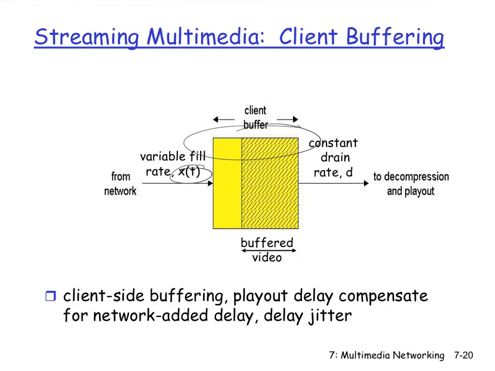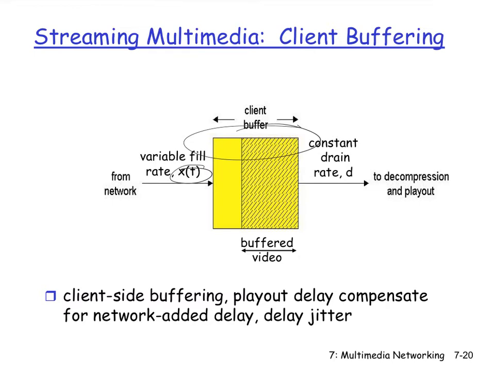If that variation is really wide, then we need a bigger buffer, because in that case we need to account for the fact that there might be some long jitter or long delay difference between two consecutive packets. So in that case, we need to delay the play out time of that delayed packet until it actually arrives to the buffer. So we need a longer de-jitter buffer at the client side.